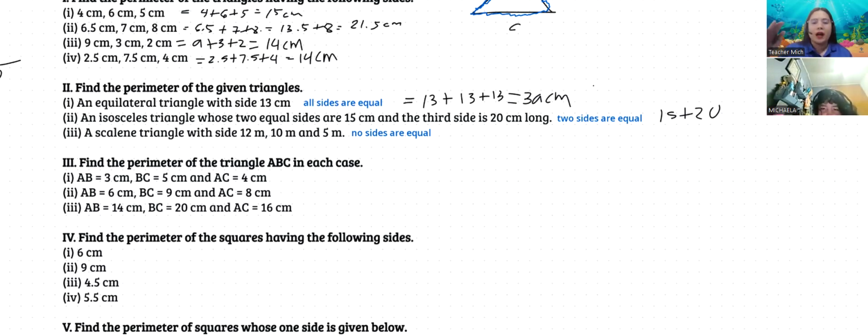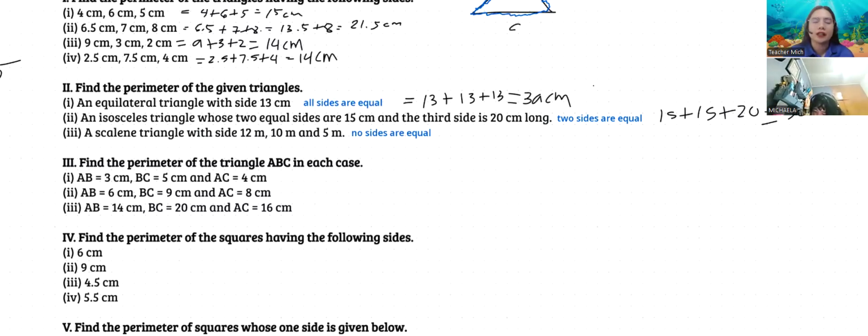Okay, and according to this one, what is the measurement of two of its sides? 15. So how many 15 do you need to add? Very good. And then the third side is 20. Now, what is our perimeter? 50. Very good. 50 what? Centimeters. Okay, great.